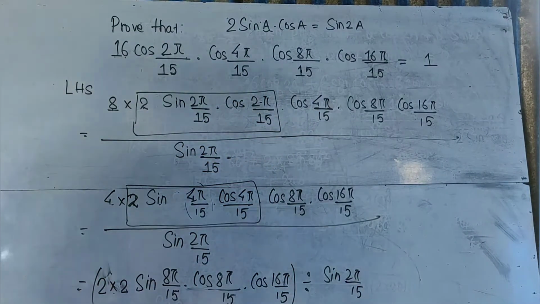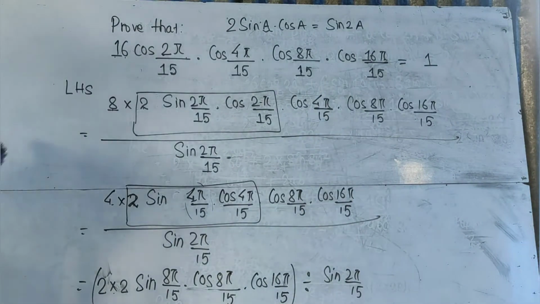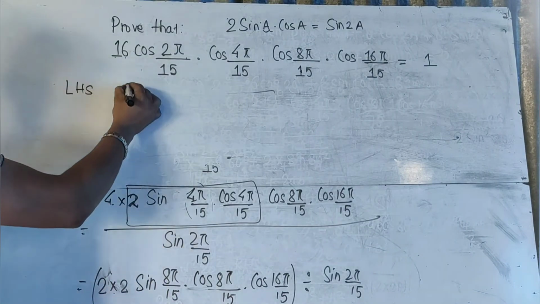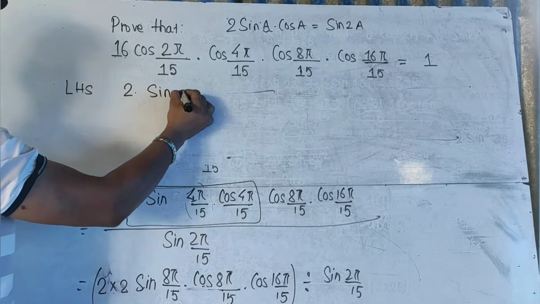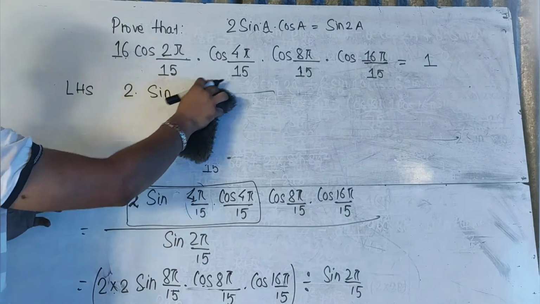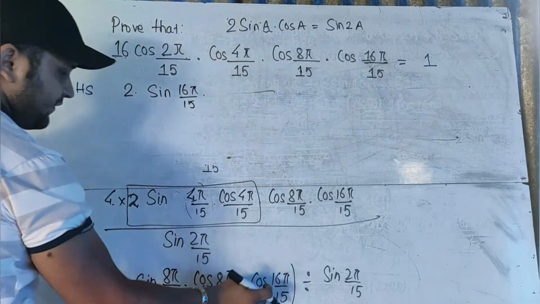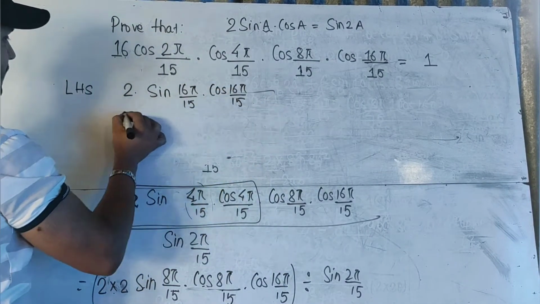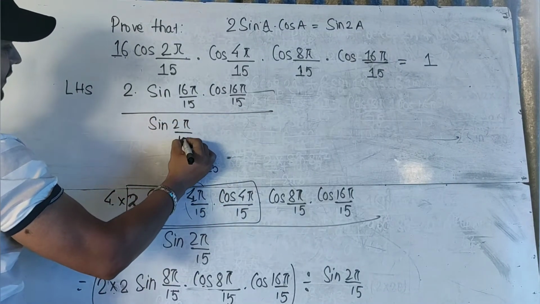Now we come to the top. When you come to the top, let's see what we get here. This 2 is written same. Now again 2 sine A cos A gives you sine 2A. Now 2 into 8 is 16. You can directly write here 16 pi by 15 dot, you have here cos 16 pi by 15 as it is, divided by sine 2 pi by 15.